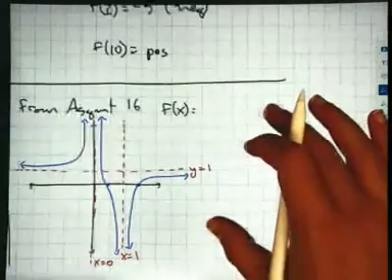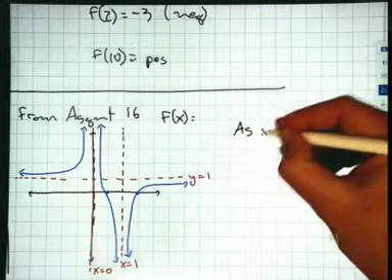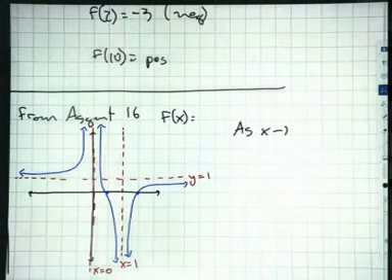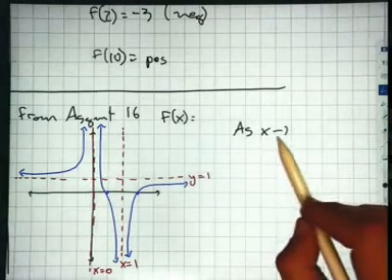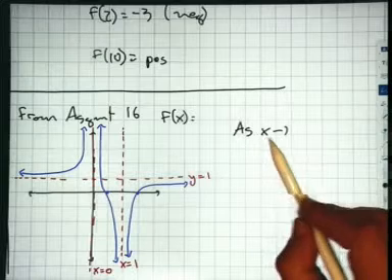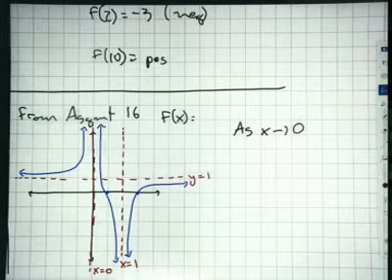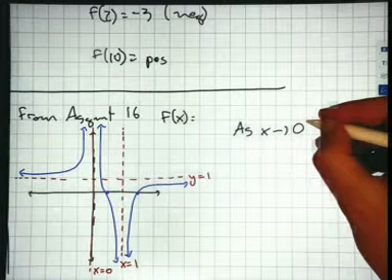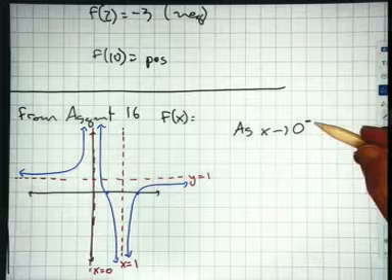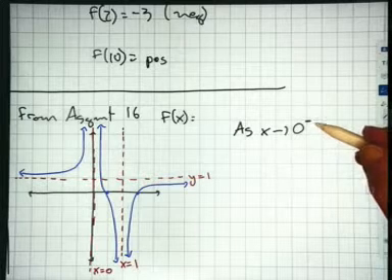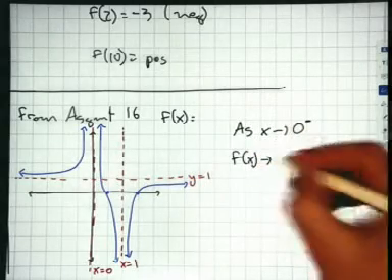So one of the questions that you would see is this. As x approaches, alright, so stop. This is saying as x is getting closer to 0. And we're going to do 0 from the minus sign, which means from the left. So as x approaches 0 from the left, what is your function doing?